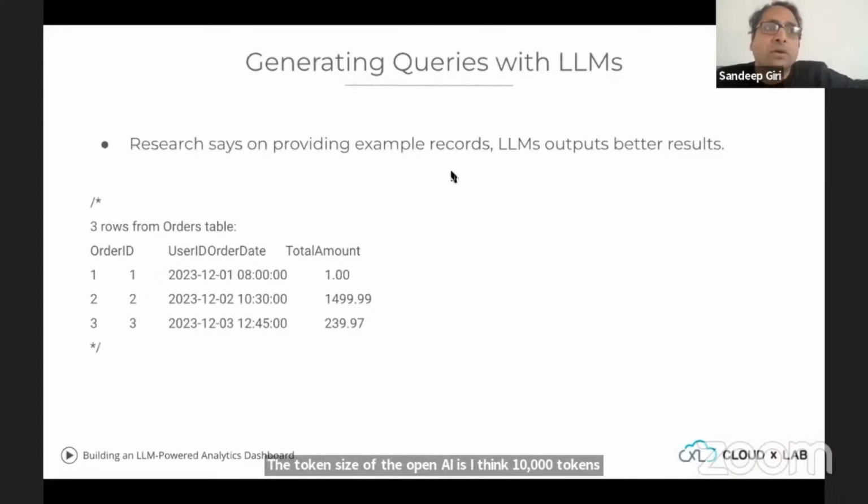Therefore, the prompt needs to be crisp and clean so that it does not overflow the prompt size. Second, if your prompt is very big, the LLMs cannot perform very well because it becomes difficult for them to look back and forth and give an accurate answer. So you have to have a clean and precise prompt.